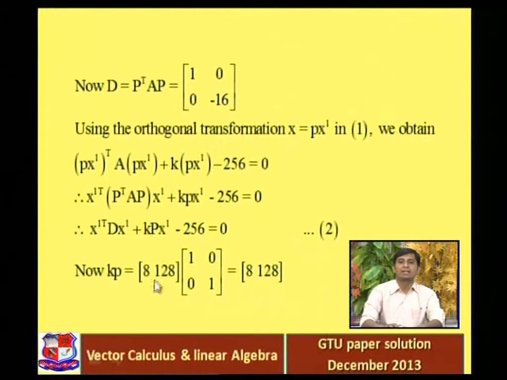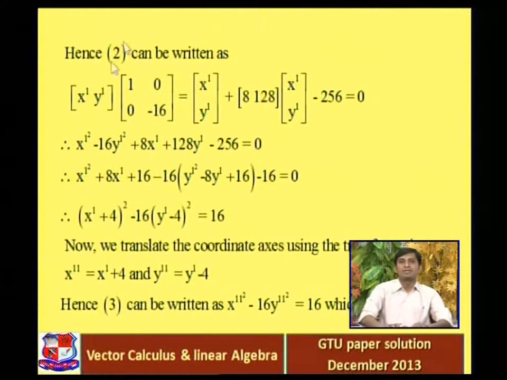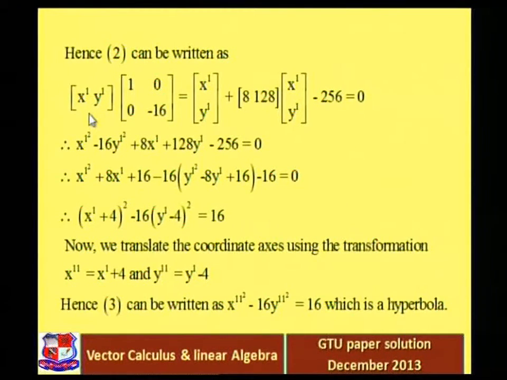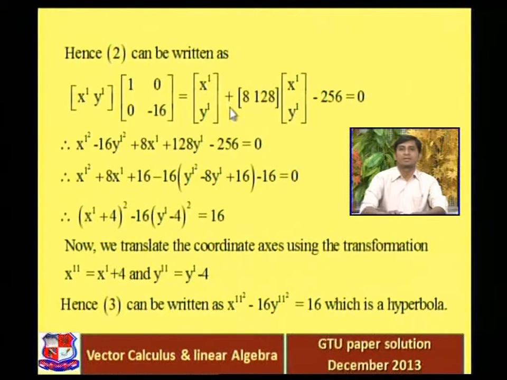Now kP is equal to [8 128][1 0; 0 1], that is equal to [8 128]. So hence 2 can be written with this notation as [x' y'][1 0; 0 -16][x'; y'] plus [8 128][x'; y'] minus 256 is equal to 0.